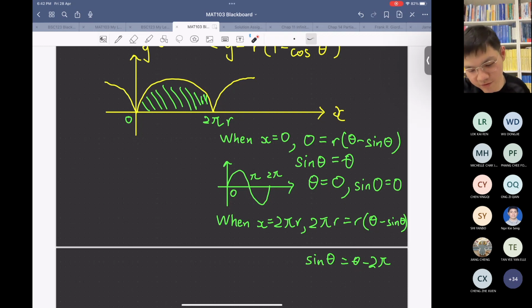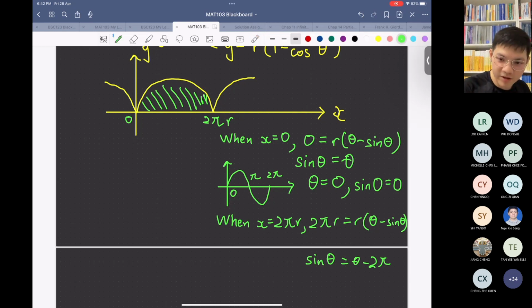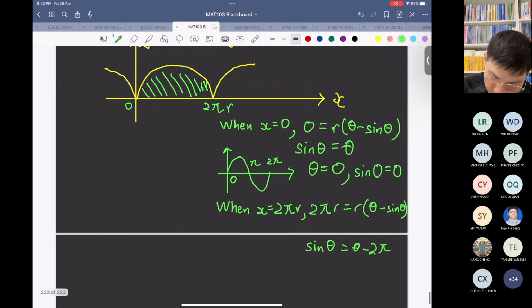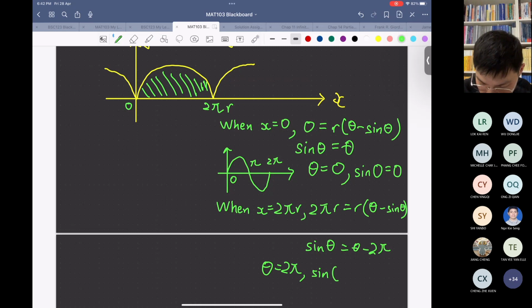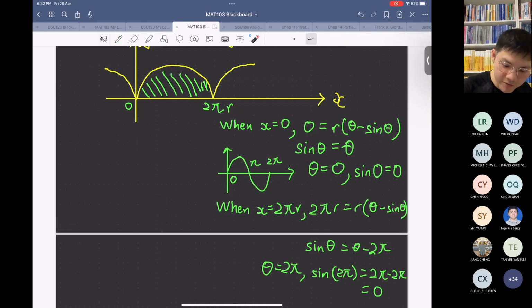When is this true? Yes, it's 2 pi. When theta equals 2 pi, sine 2 pi equals 2 pi minus 2 pi. Really the whole curve gets shifted by 2 pi, so the 0 point becomes the 2 pi point.